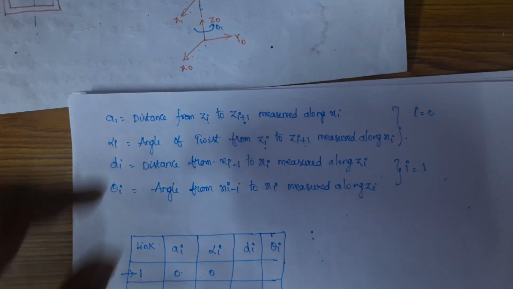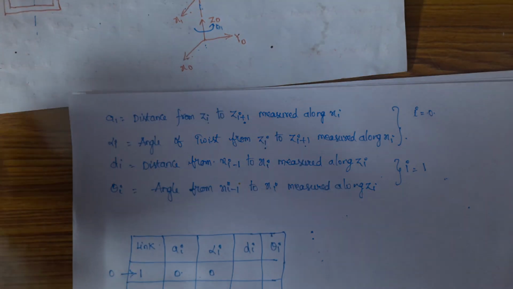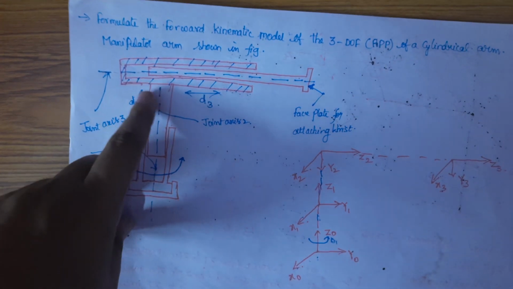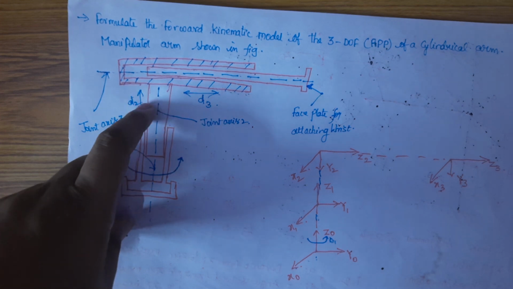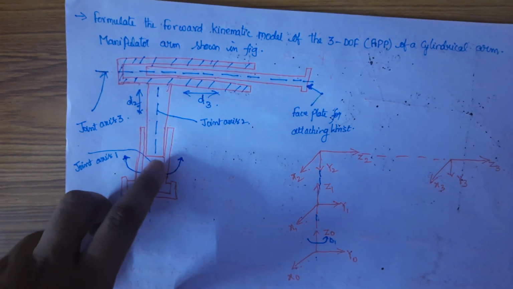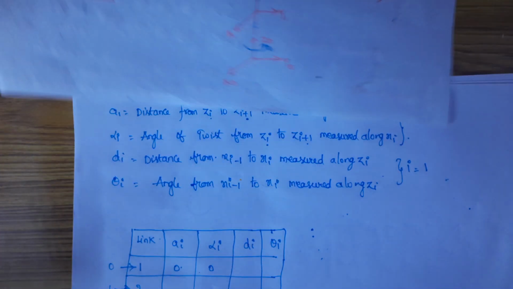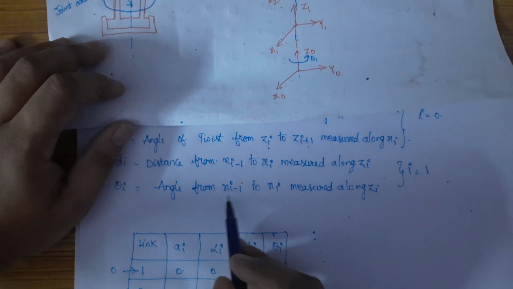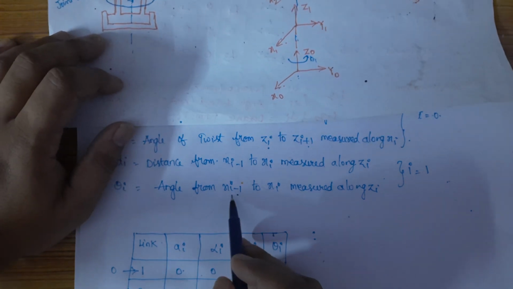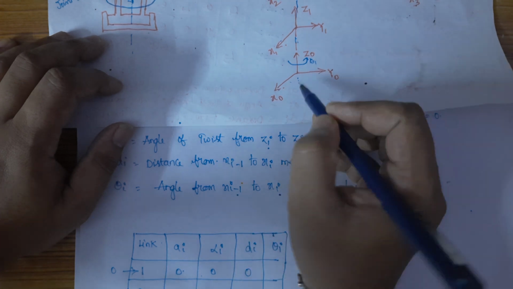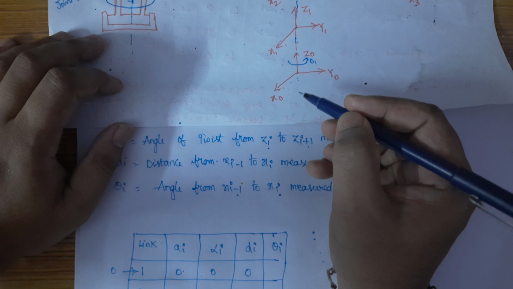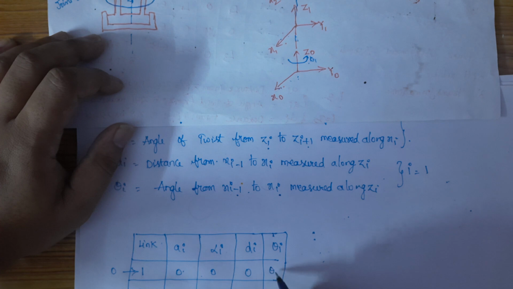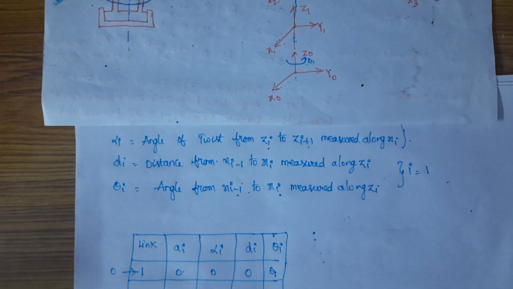Since in the question itself he has mentioned that joint axis 2 to 3 will have d2 length, and we don't have any distance from joint axis 1 to 2, I am giving 0. Then theta_i, the angle from x0 to x1 measured along the z axis. x0 to x1 will have an angle of theta 1. So theta 1 will be the angle.